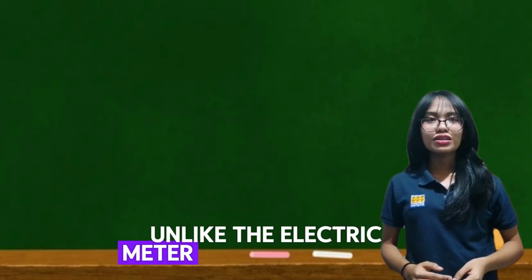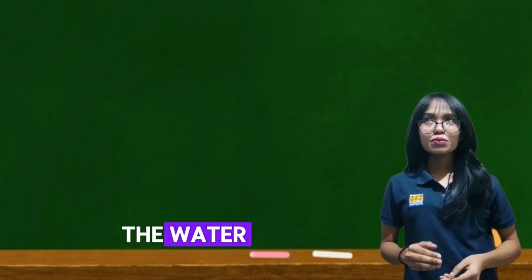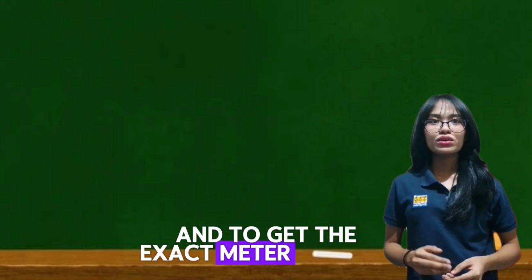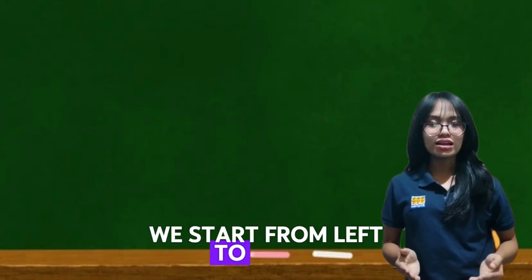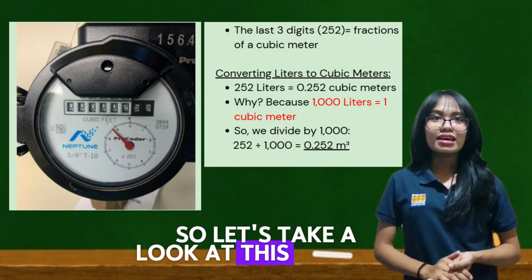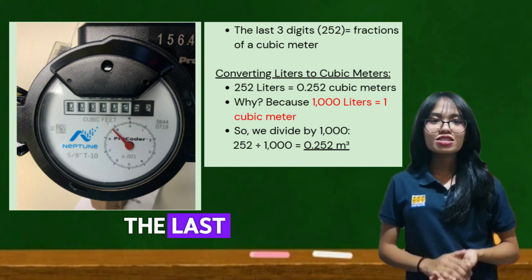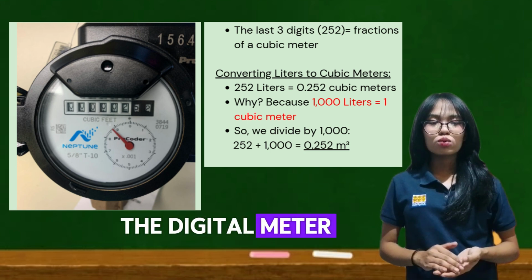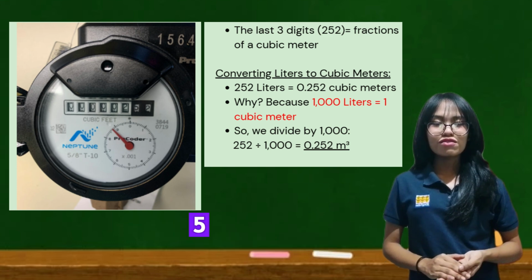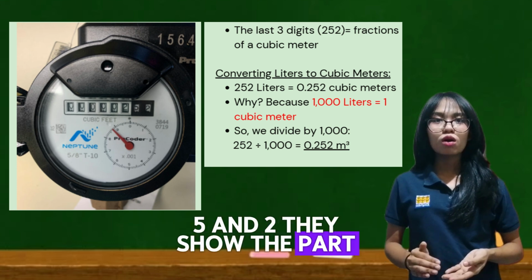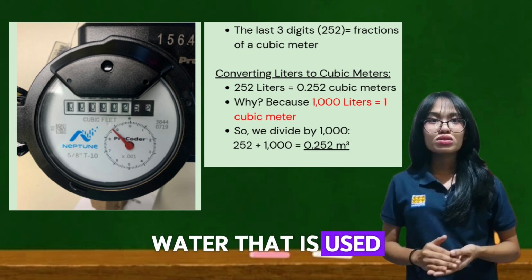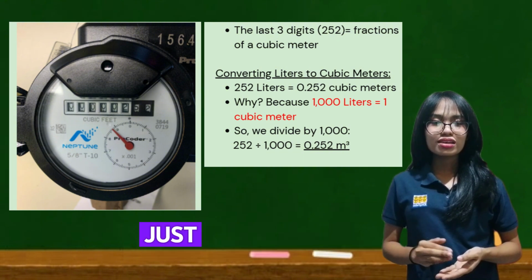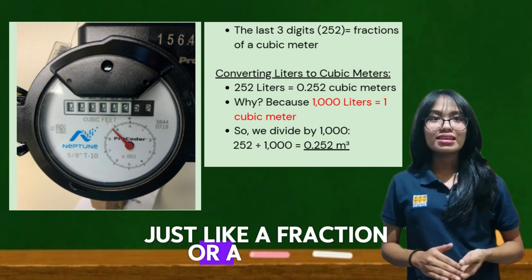Next, let's talk about the digital meter. Unlike the analog meter, the digital water meter shows 7 dials, and to get the exact meter reading, we start from left to right. So let's take a look at this picture. The last 3 numbers on the right side of the digital meter, which in this case are 2, 5, and 2, show the part of the water that is used that is less than 1 whole unit, just like a fraction or a decimal.